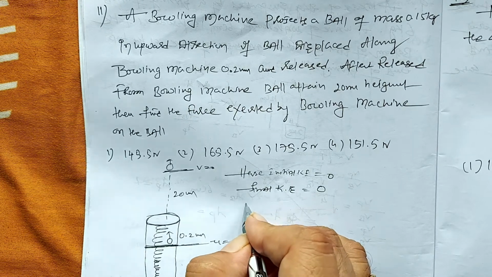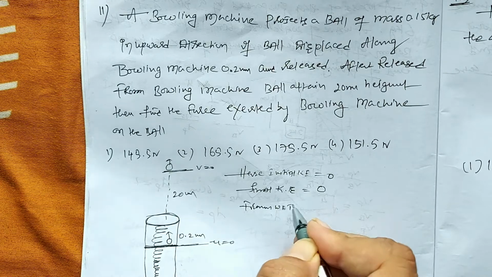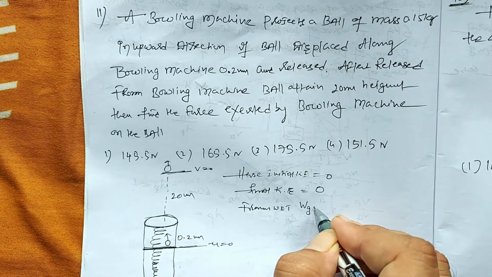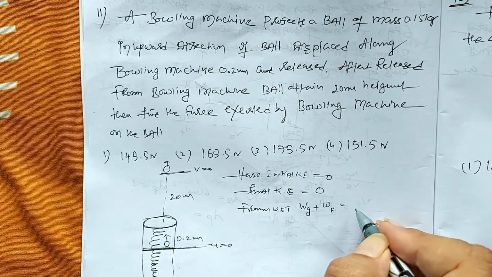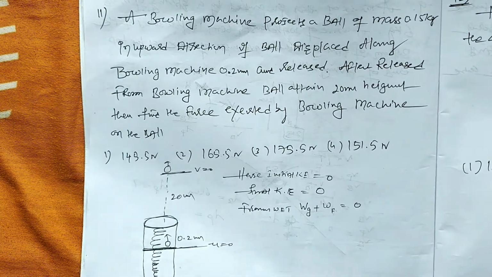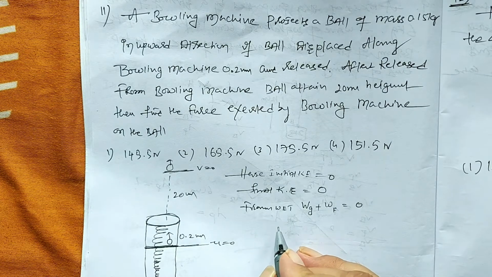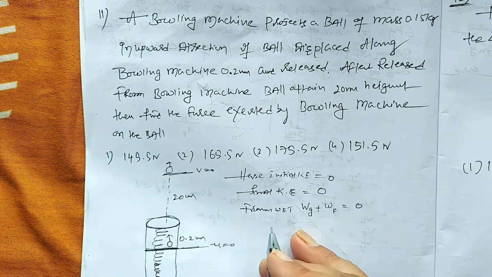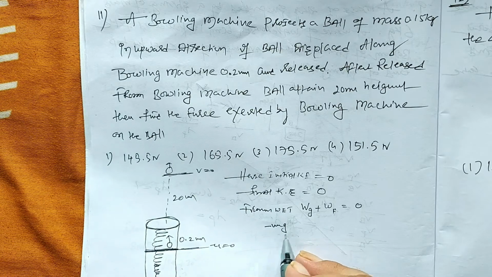So from the work energy theorem, work done by gravitational force plus work done by machine force is equal to change in kinetic energy. There is no change in kinetic energy. Work done by gravitation is negative, because the ball is rising upward and gravitational force is acting downward. That is equal to minus mgh.